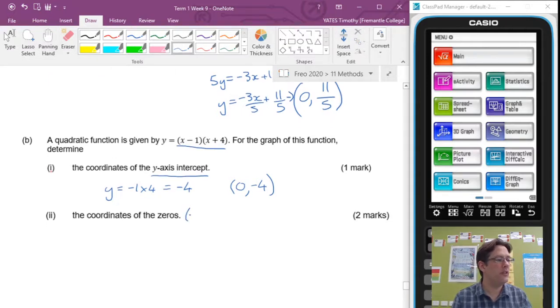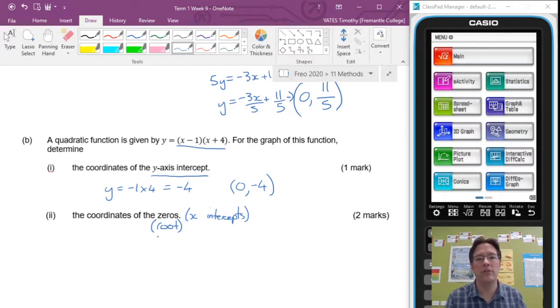Where are the zeros? Or when it says zeros, it actually means x-intercepts. Another word you might see for these is the word root. They can call it a root, a zero, or an x-intercept. You have to understand that all those mean the same thing for what we happen to be doing. So if we want to find that, we can have a look.